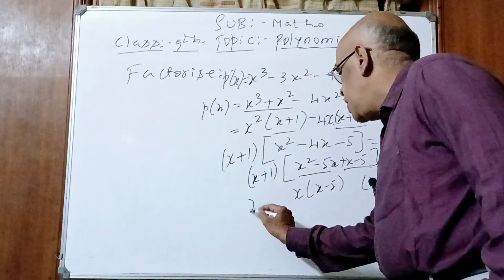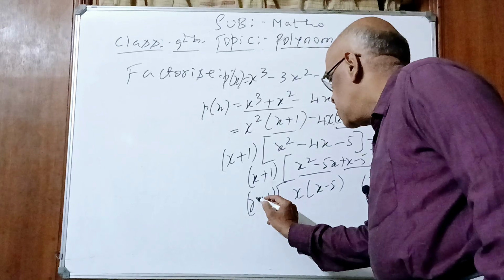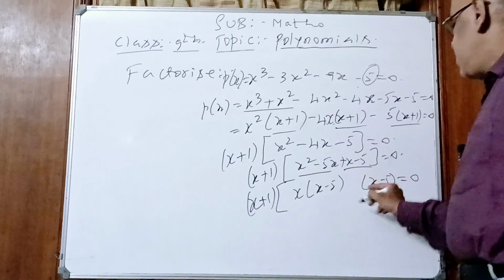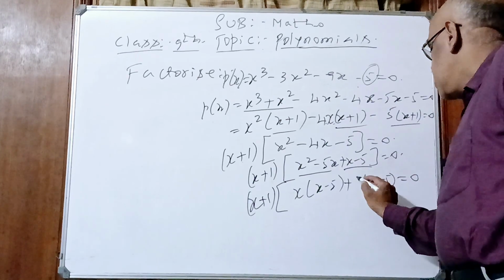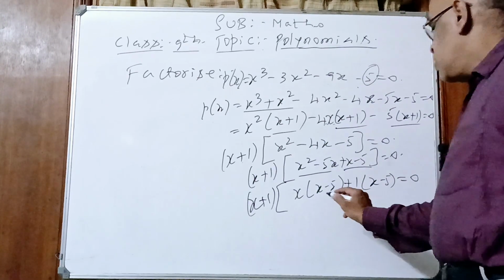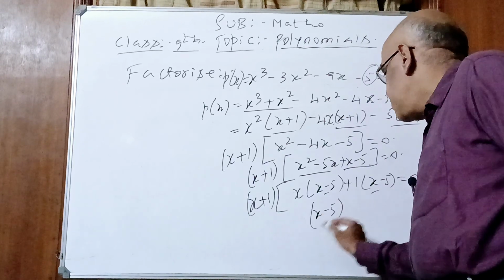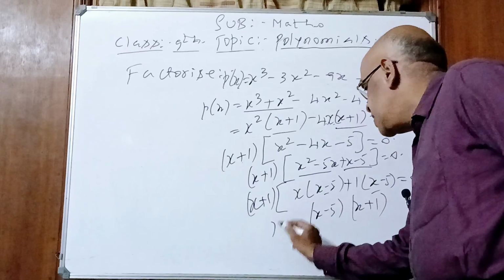Here outside what do we have? x plus 1. Now x minus 5 remains outside. Same sign, outside it will be plus. Nothing common means 1. What is the common factor? x minus 5. Then x plus 1. This is one more factor, children.